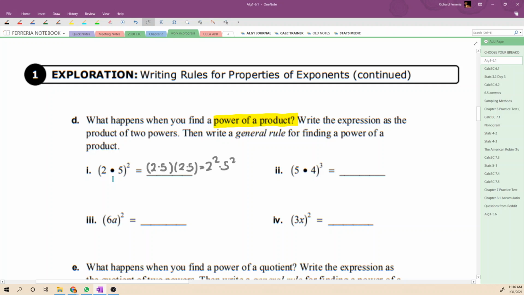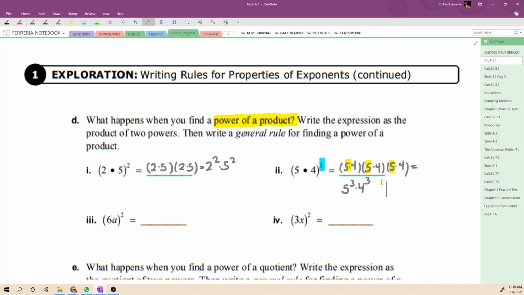We've got 5 times 4 to the 3rd power. If we're correct, then we should get 5 to the 3rd power times 4 to the 3rd power. Doing this the old-fashioned way, I've got a 3rd power. So that means 1, 2, 3 parentheses, and inside each parenthesis should be 5 times 4.